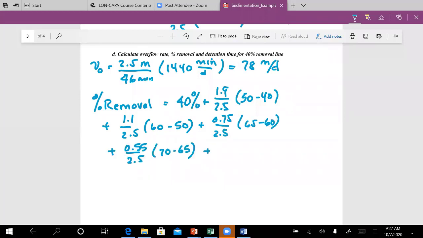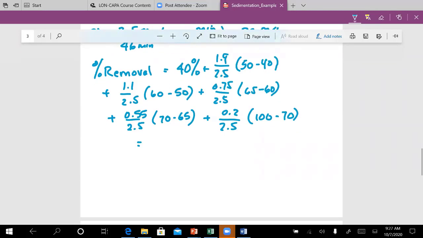And what you choose as your iso concentration lines is really arbitrary. It's based on the data that you have. And obviously the more iso concentration lines, the greater the accuracy. But again, this method is really experimental, and I wouldn't have more than about 5 or 6 iso concentration lines.